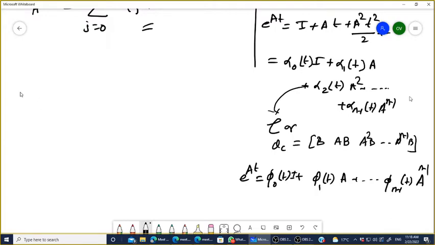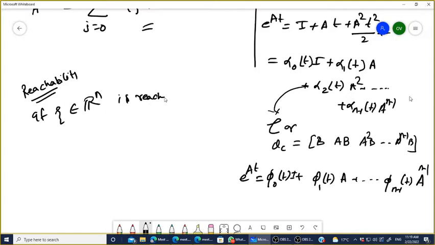I told you some days ago what the meaning of reachability is. Let's say if the function zeta belonging to the space R^n is reachable, then you can say that zeta equals integral 0 to t of e to the power A(t minus tau) B u(tau) d tau.